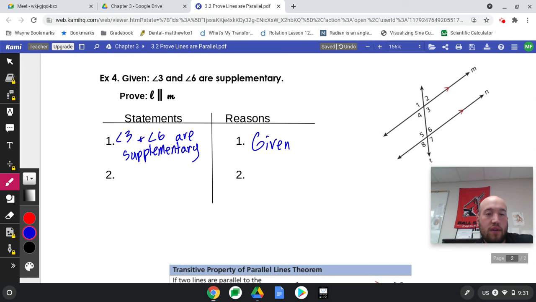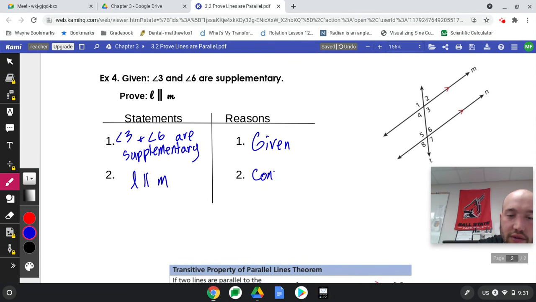Now for number 2, reason 2: if 3 and 6 are supplementary, they add up to 180, then we know that L is parallel to M, because those are consecutive interior angles. So it'll be the converse of consecutive interior angles.